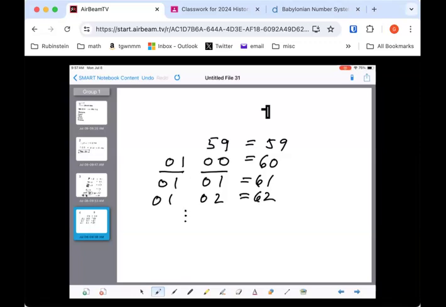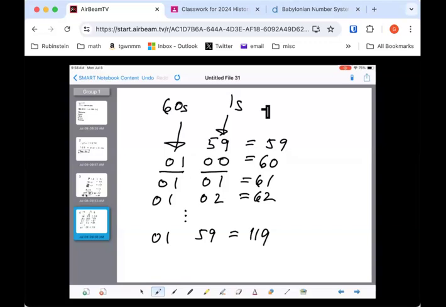And this would continue until, remember the warm-up question? 0159, this 01 represents the 60s place. And this represents the ones. So 0159 is really 1 times 60 plus 59, which is 119.